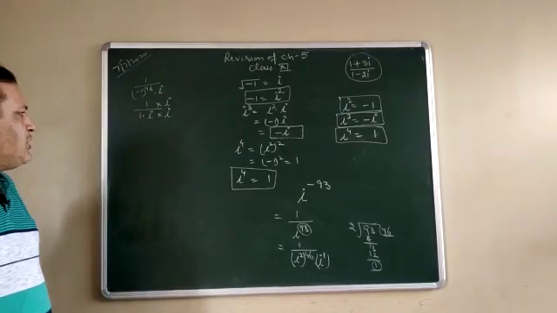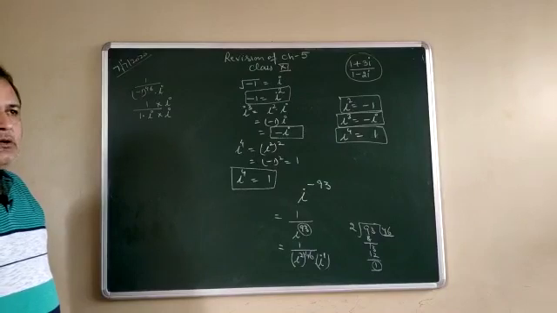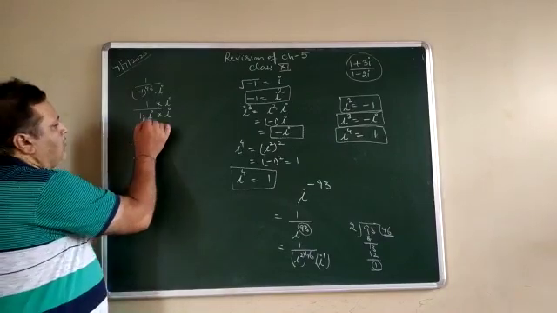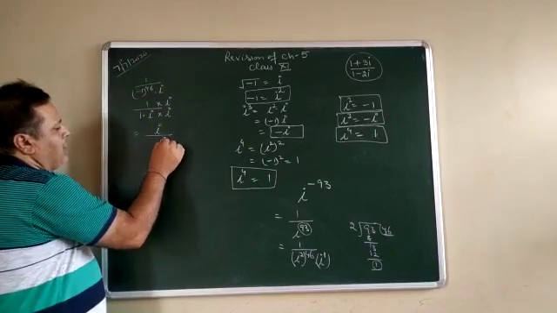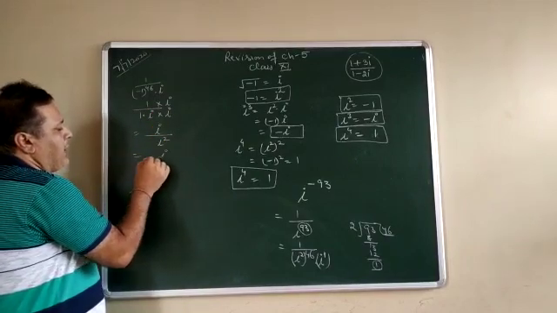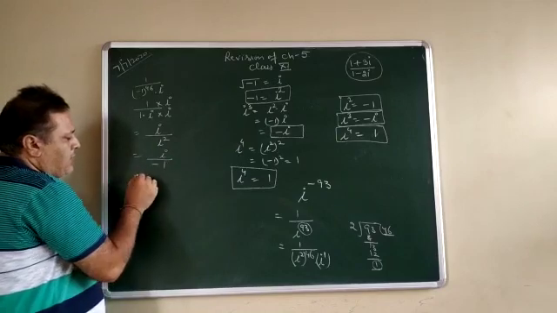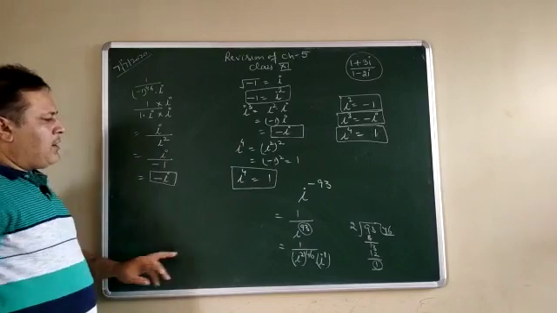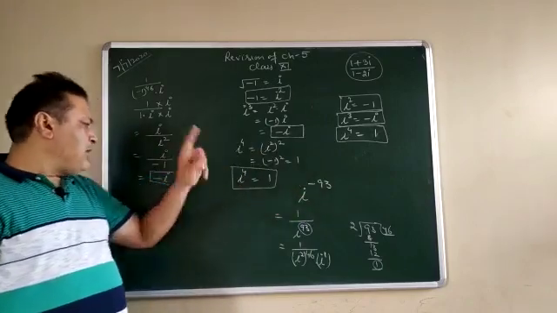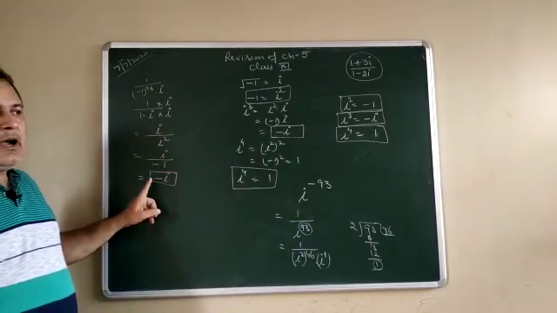If iota is in the denominator, then we go for the process of rationalization. So 1 into iota is iota, iota into iota is iota square, the value of iota square is minus 1. So your answer is equal to minus iota. So iota to power 93 gives the same result as is given by iota to power minus 93.